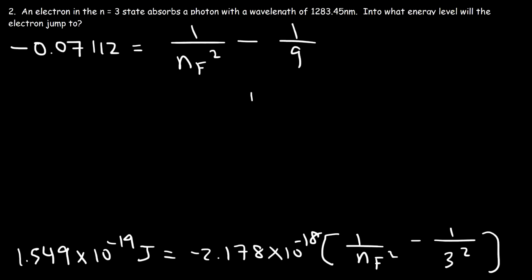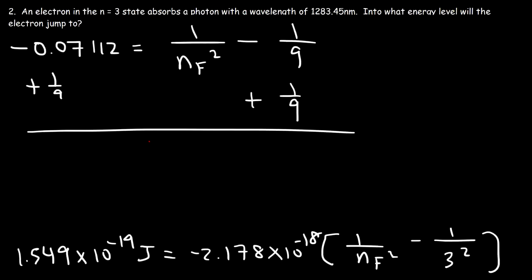So next, let's add 1 over 9 to both sides. Take negative 0.07112 plus 1 over 9, and you should get 0.03999, which should probably be 0.04.